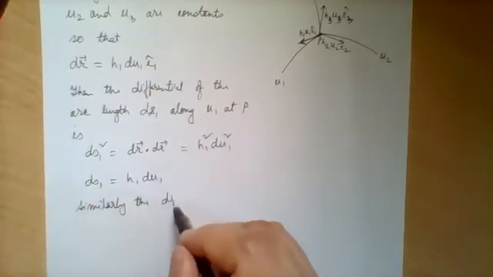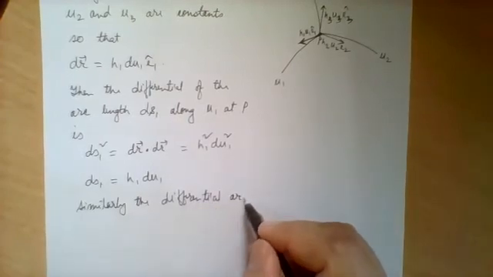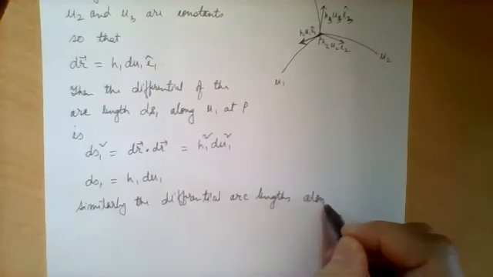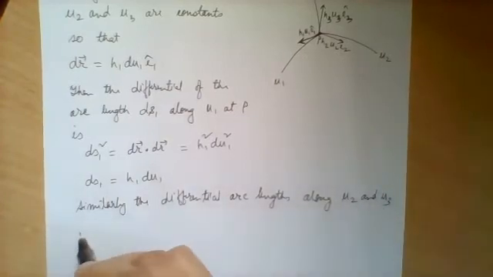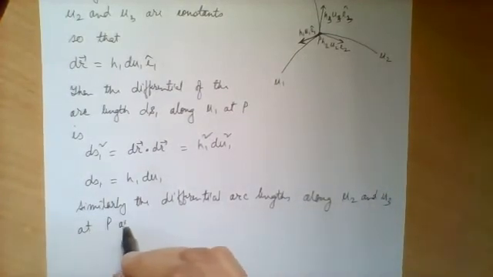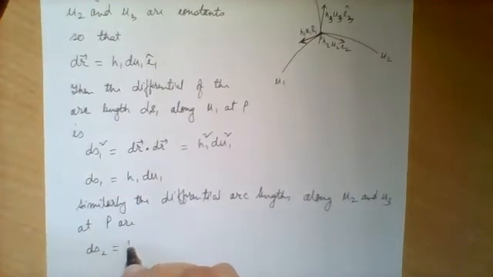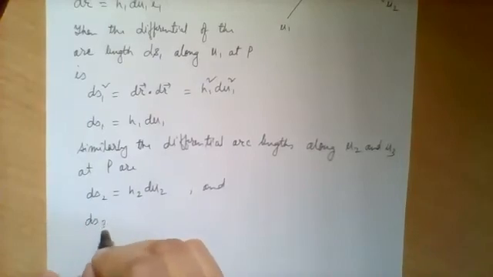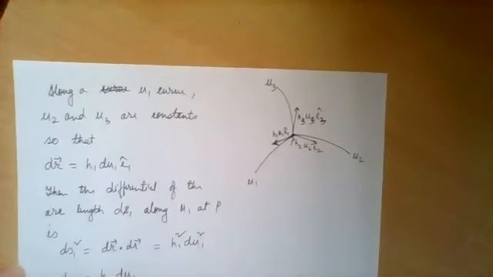the differential arc length along u2 and u3 at P are ds2 equal to h2 du2 and ds3 equal to h3 du3, which is represented by this.